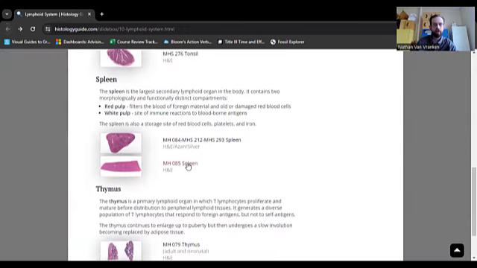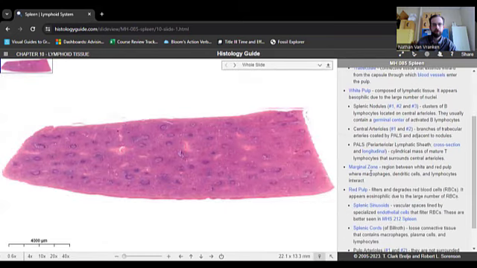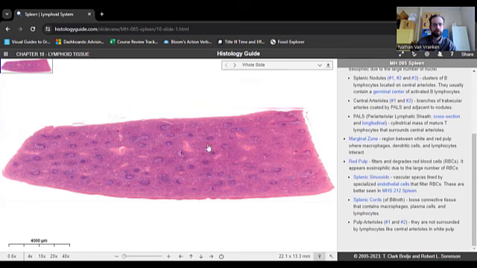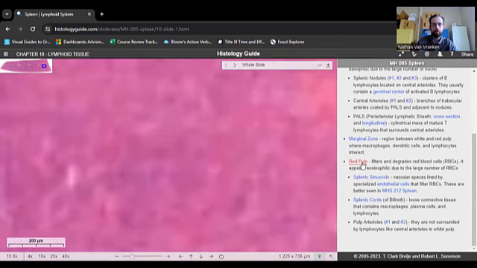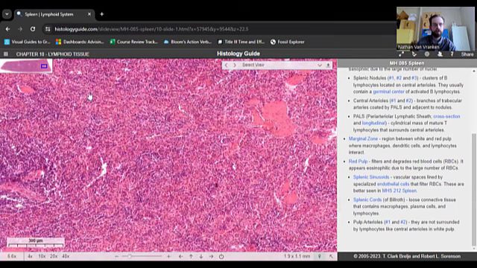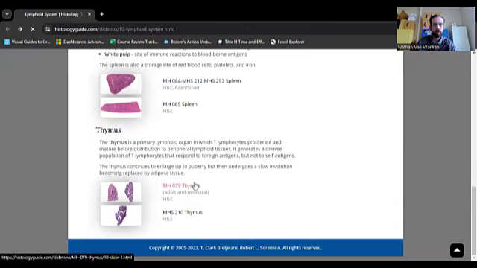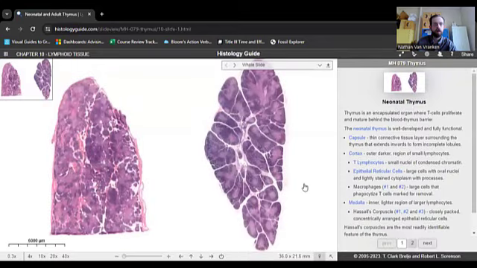I'd also recommend taking a look at the spleen. Here's some red pulp, and this red pulp actually works as a filter. And then, of course, the most important structure within this body system is that of the thymus.